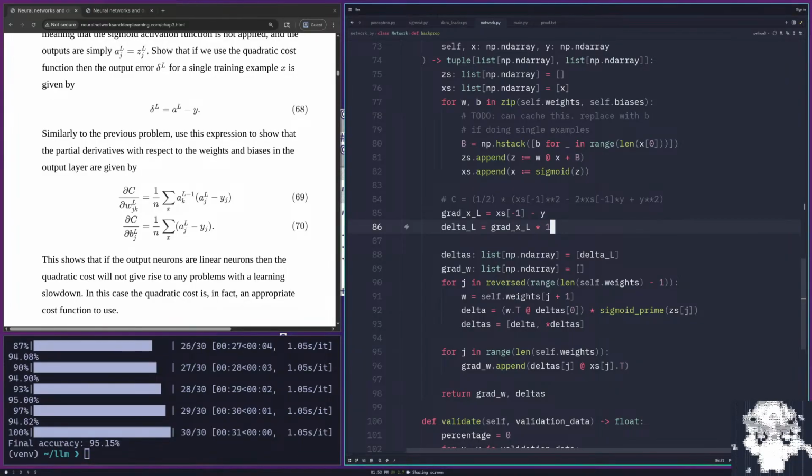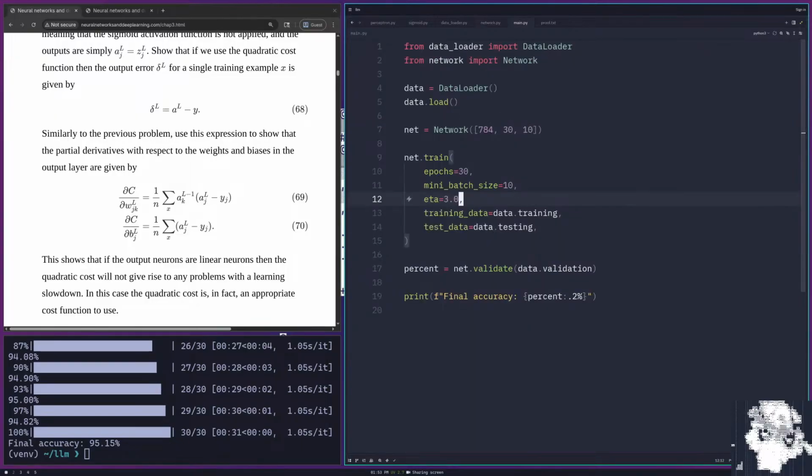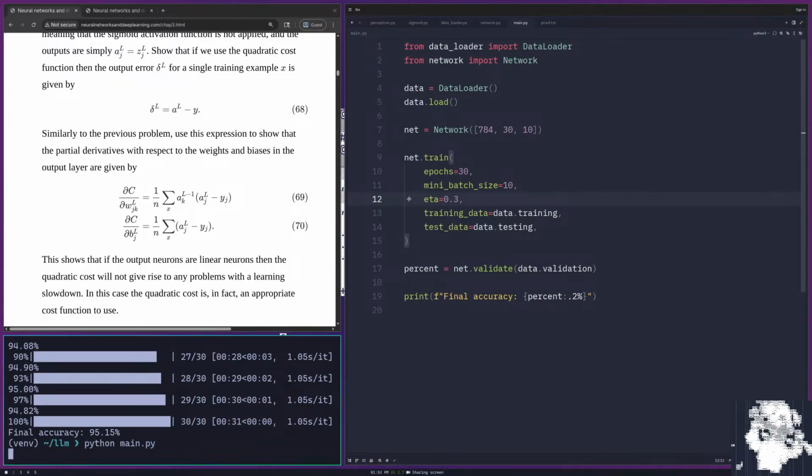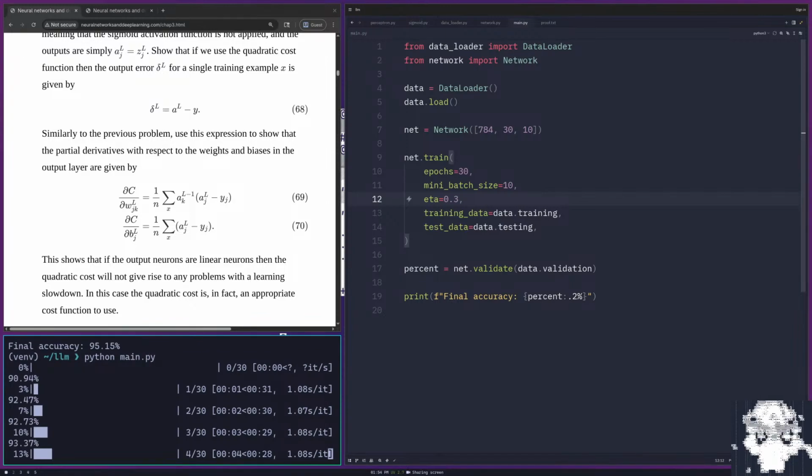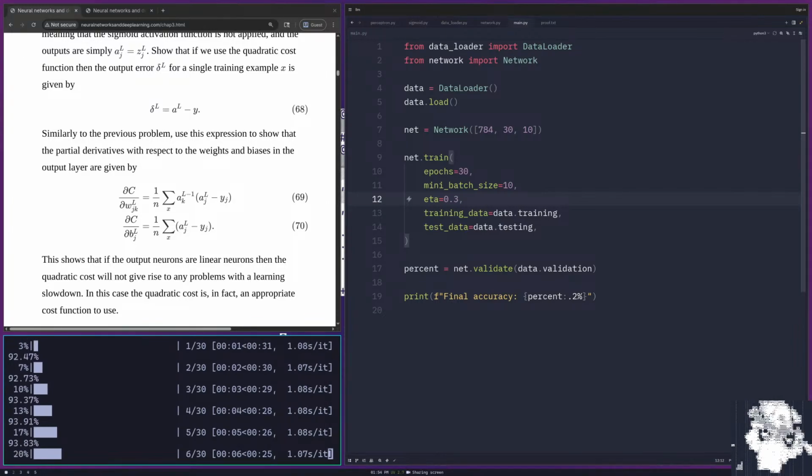Huh. And then we could maybe try to tune the learning rate if I lower it by 10x. It's doing better.